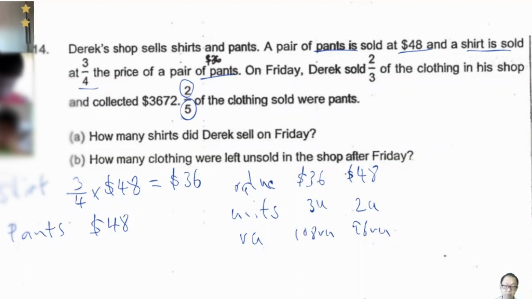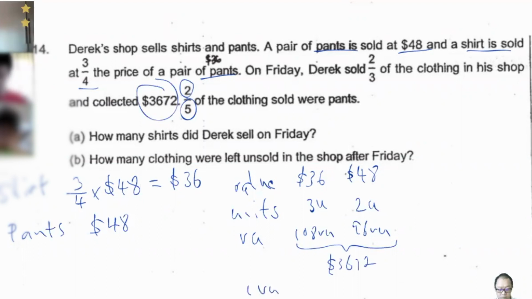So add them together: 108 plus 96 is 204. So 204 VU represents 3672. Right, so 1 VU is 3672 divided by 204, which is $18.